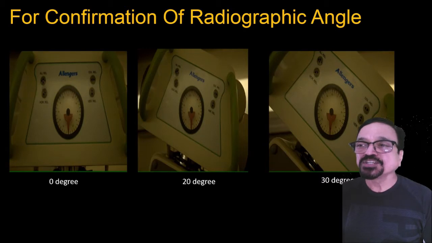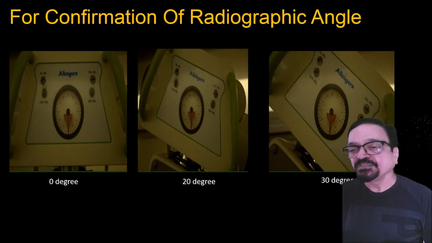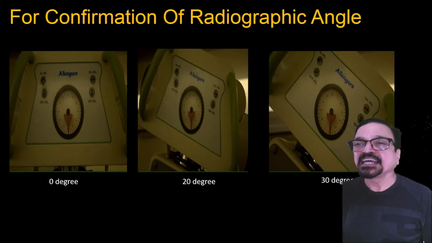Now for confirmation of the radiographic angle, you can have 0 to 30 degrees depending on the patient's constitution and the part to be imaged. It differs. If you are imaging a more anterior part, that should come closer to the film, while the angle of mandible in that case will get distorted.